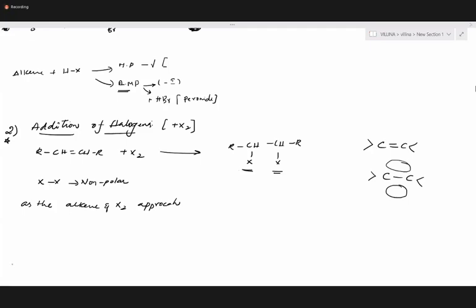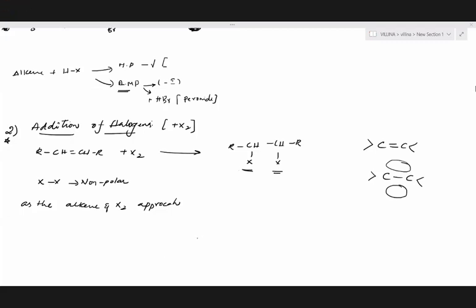Is this a part of nucleophilic, electrophilic, and free radical addition in the chemical properties? In chemical properties, all are addition reactions only, whatever we are dealing with. But the mechanism decides whether it is electrophilic addition or free radical addition.